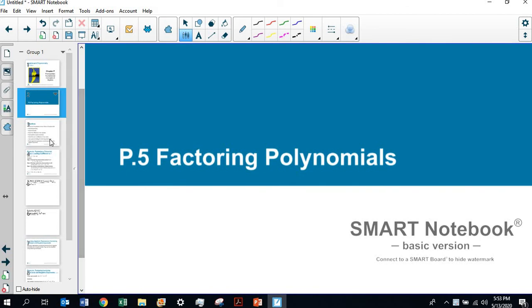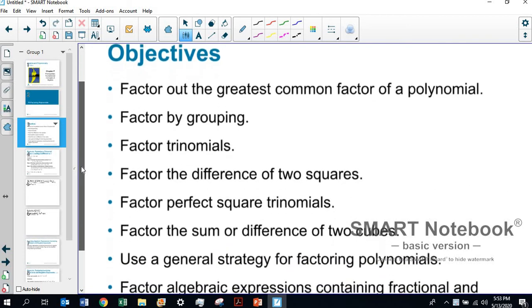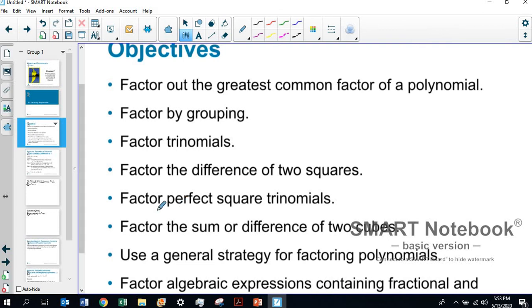So the last video talked about many of these objectives. We're going to focus on basic trinomial factoring, and we're going to look at those in a couple of different ways. That will include perfect square trinomials. I do not teach perfect square trinomials separately; I don't think they should be thought of as separate.